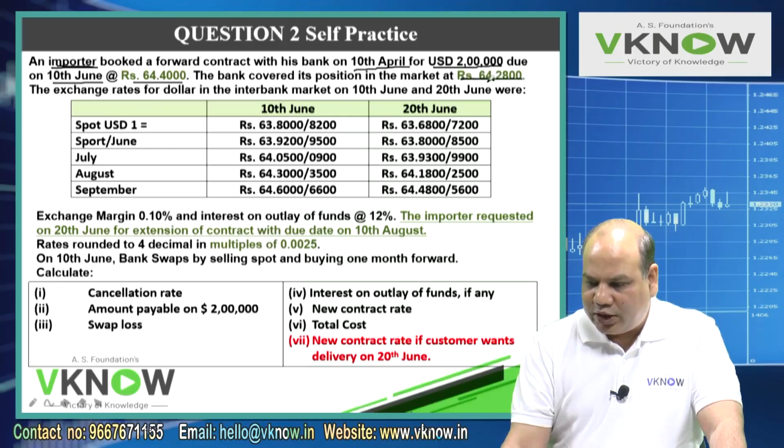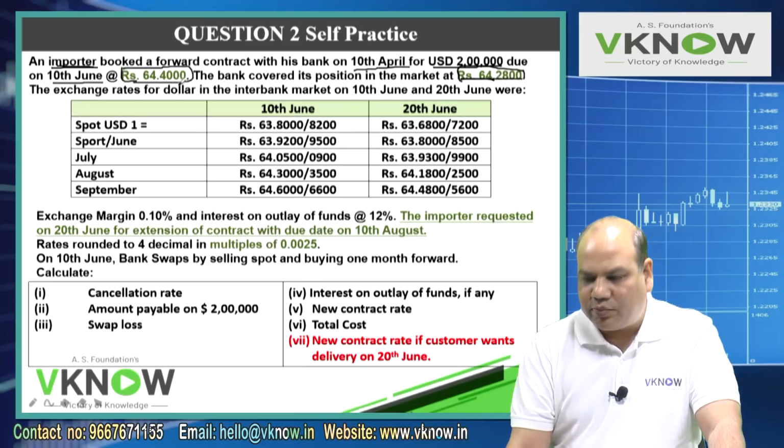The idea was that when the customer comes on the 10th June, the bank will purchase from the market at 64.2800 and sell it to the customer at 64.4000. The difference will become the profit of the bank.